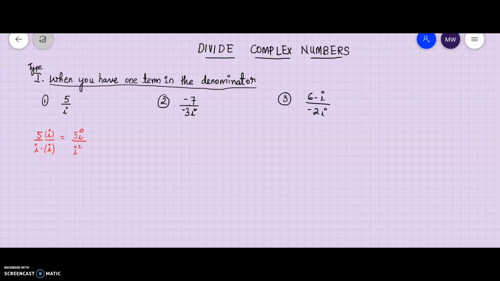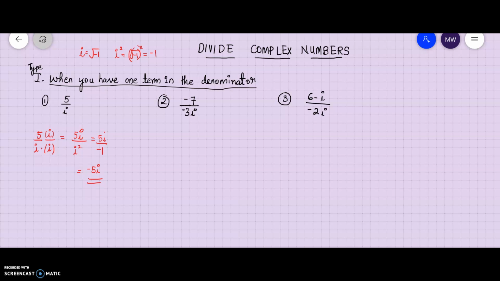We know that i is defined as square root of -1, and i squared is square root of -1 squared. The square and the square root cancel, and the value of i squared is nothing but -1. So the denominator becomes 5i over -1, and when you divide by -1, you get negative 5i. That's how the answer becomes.